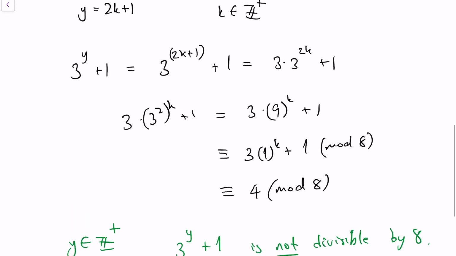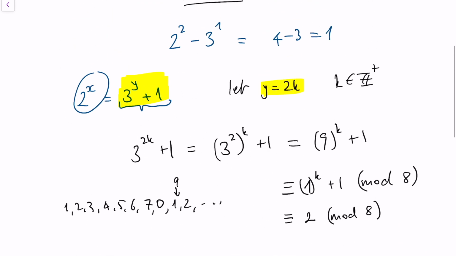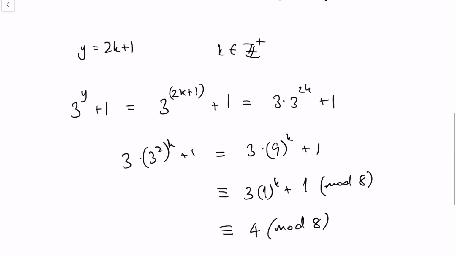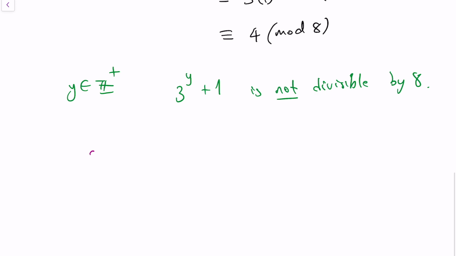It means for any y greater than or equal to 3, there will be no solution to this equation. We had 2 to the x is equal to 3 to the y plus 1, and if that is not divisible by 8, then 2 cubed does not divide it.